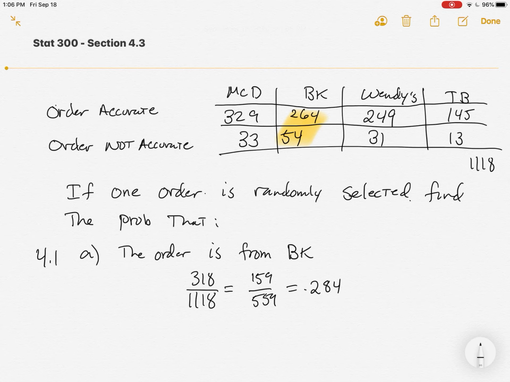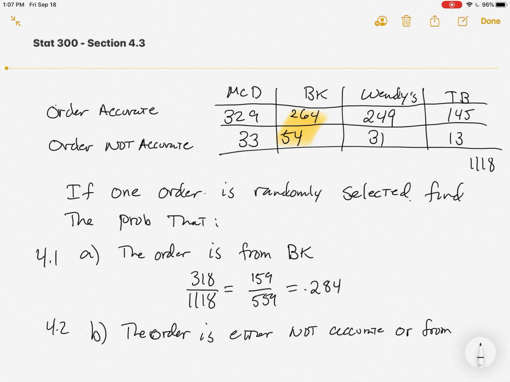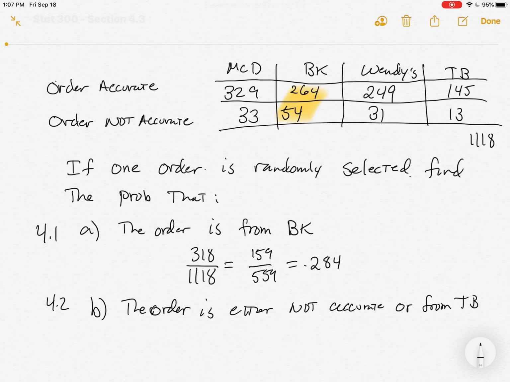So we could have another question, 4.2. The order is either not accurate or from Taco Bell. Okay, so let's think about that for a minute.